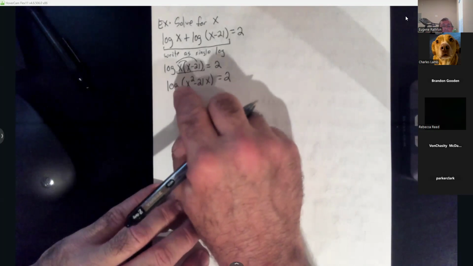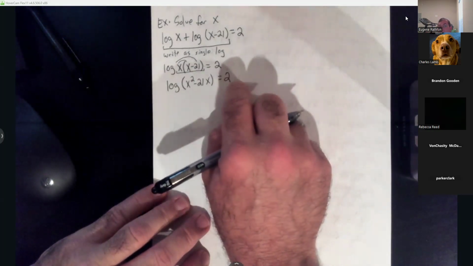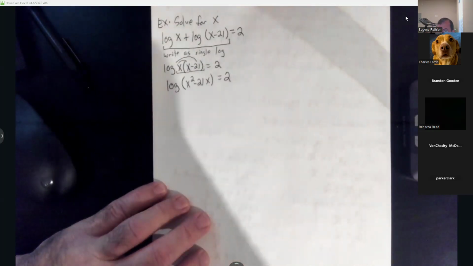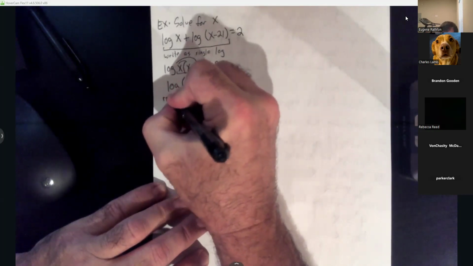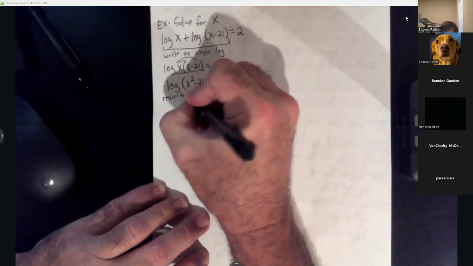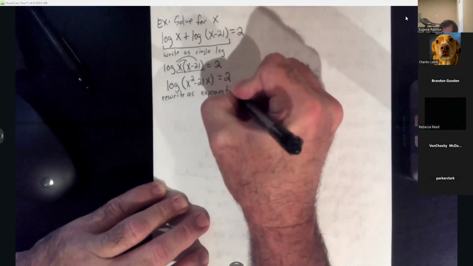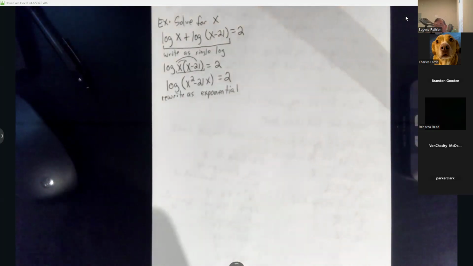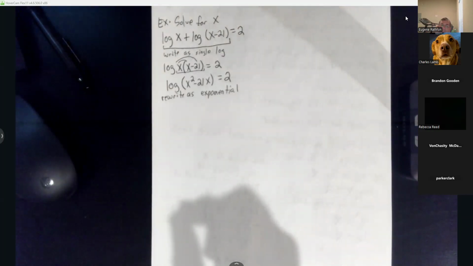All right, y'all, so check this out. I now have a single log on one side equal to a number. So we're going to rewrite this as exponential. So anytime you got a log on one side equal to a number, you're going to write that as exponential.